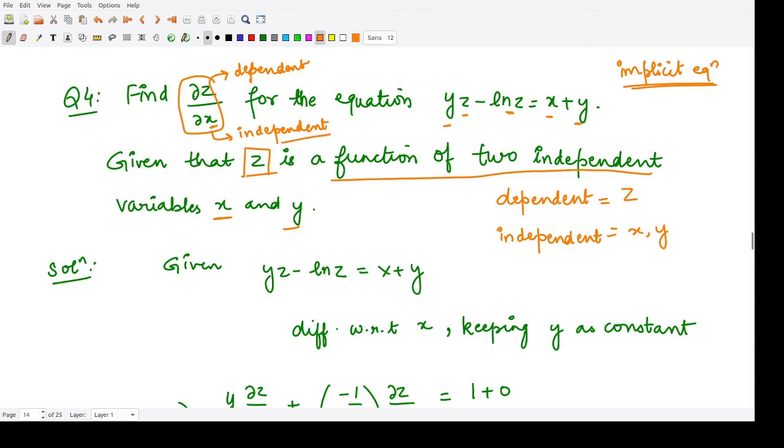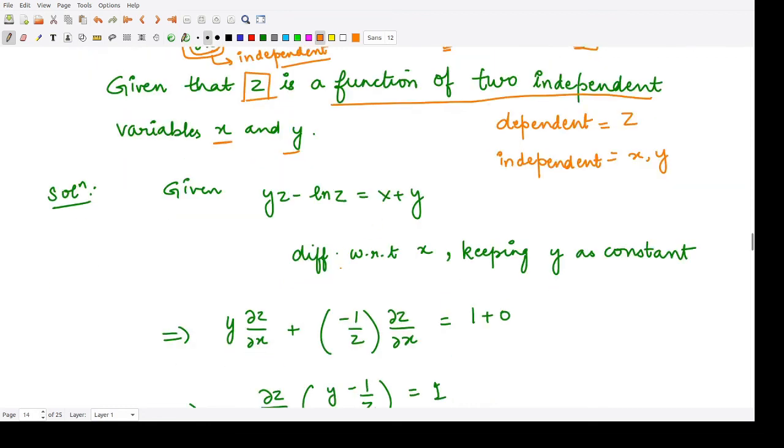Now we are asked to calculate the partial derivative with respect to x. So we will differentiate this equation partially with respect to x, keeping y as constant.